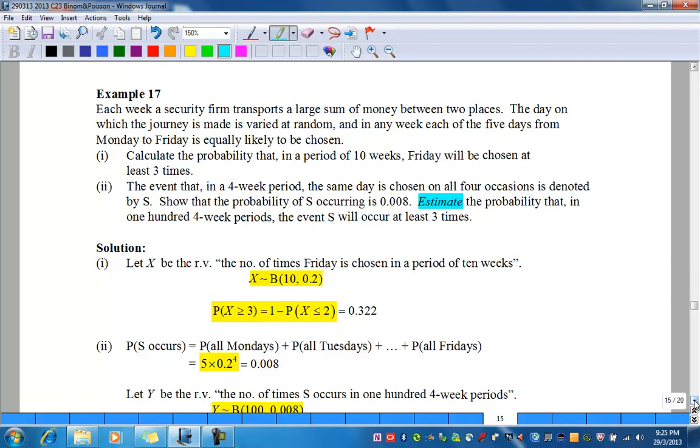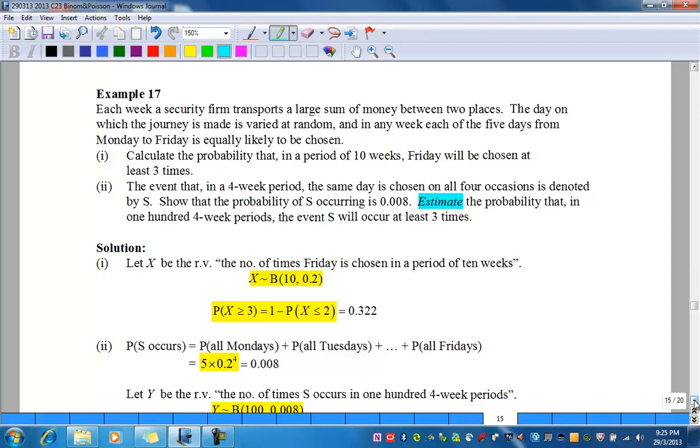Part 2. The event that in a 4-week period, the same day is chosen on all 4 occasions is denoted by S. Show that the probability of S occurring is 0.008. Estimate the probability that in 100 4-week periods, the event S will occur at least 3 times.